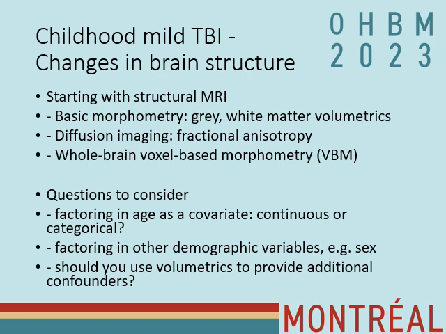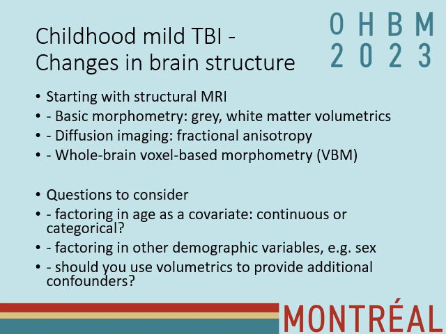It may be that you want to include age as a continuous variable or a categorical variable. Most studies would employ age as a continuous variable and just regress it out. But you could dichotomize age into younger and older child groups, depending on your question of interest.